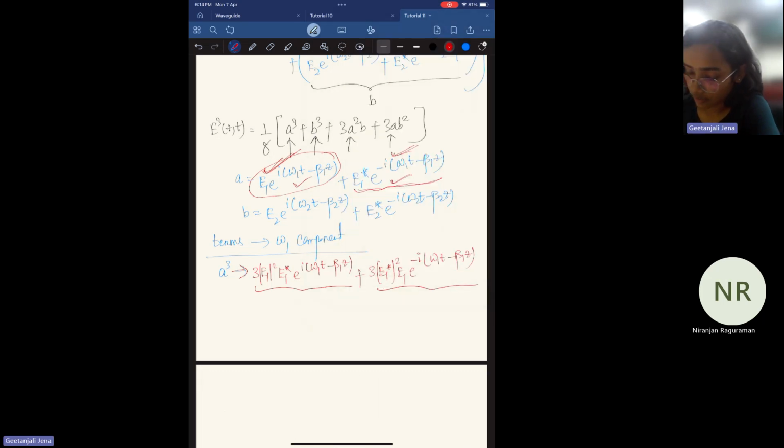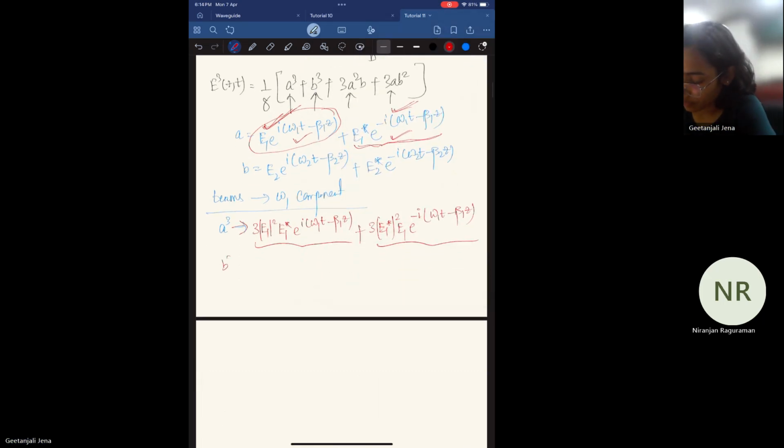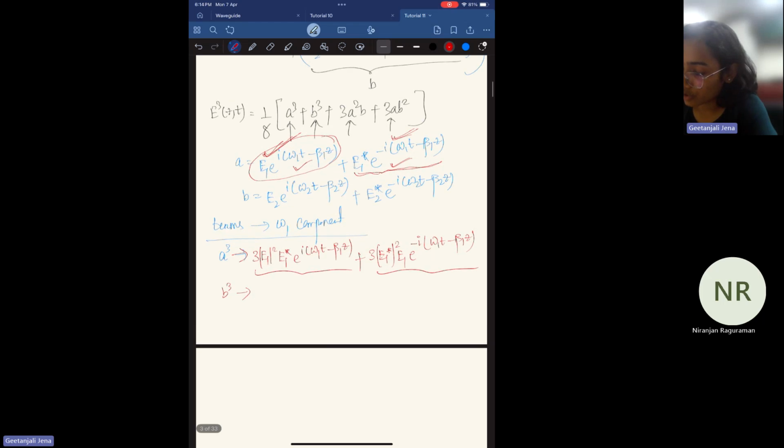Let us see for B cubed. B cubed means this term, which has a frequency in terms of ω2. That means it won't have any terms with an ω1 component. So this will have no term having an ω1 component.